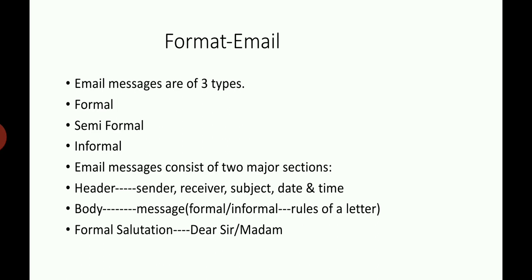So, email messages can be of 3 types: formal, semi-formal and informal. Email messages consist of 2 major sections: the header, which has sender, receiver, subject, date and time, and the body, which consists of the message.